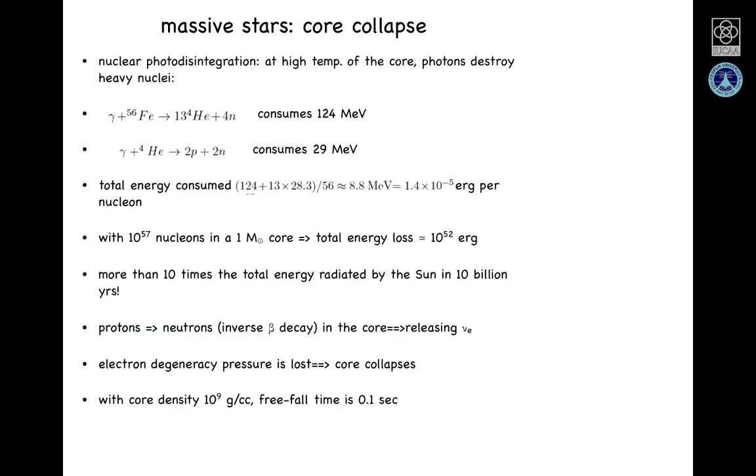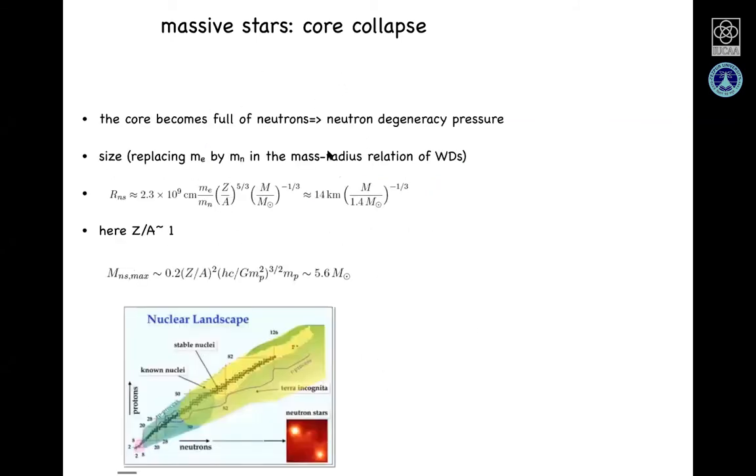And then at that point, what's going to happen is that now the whole core has become full of neutrons. It's become a sea of neutrons, right? Neutrons closely packed in a small volume. And so neutron degeneracy pressure, because the neutron is also a fermion, like electrons, they also obey Pauli's exclusion principle.